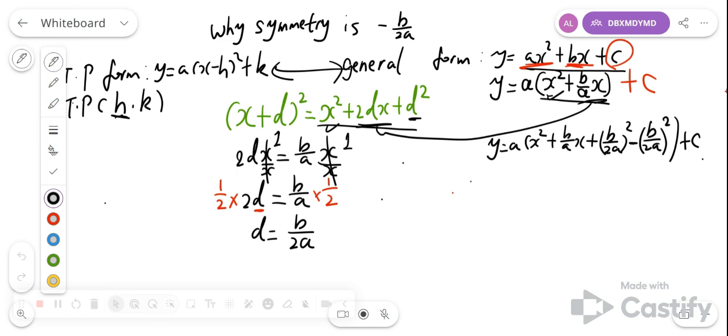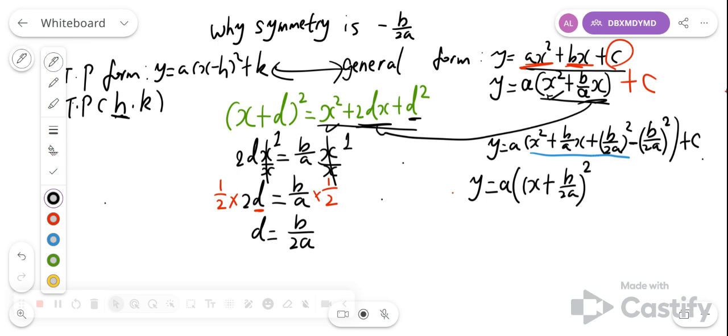So now we can first complete the terms that we already made here. So this part, we can complete the square. A is still outside, but in this case we have x plus b over 2a, and then the bracket to the power of 2.